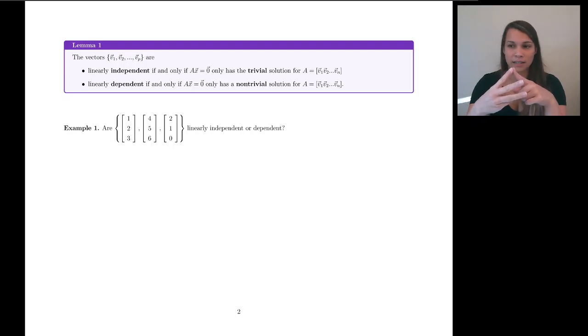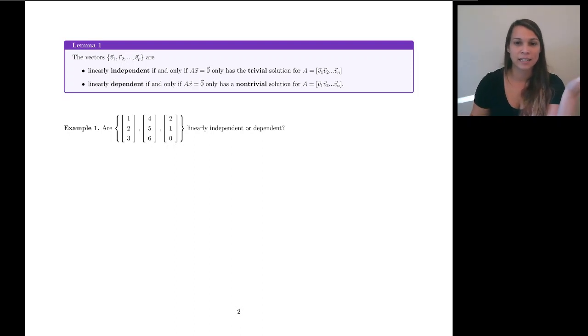We were always guaranteed the trivial solution, so it's not that. The trivial solution was the unique solution, and so trivial solution equals independent. So that means for dependence, we need a non-trivial solution. That's the only option left. So we've got linearly dependent if and only if Ax equals 0 has a non-trivial solution.